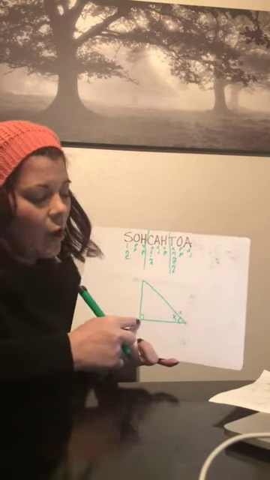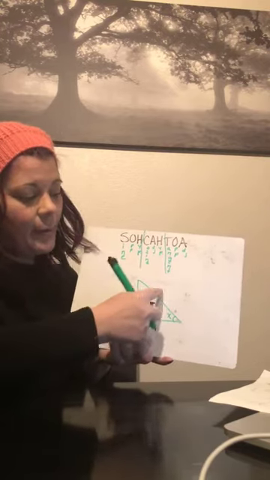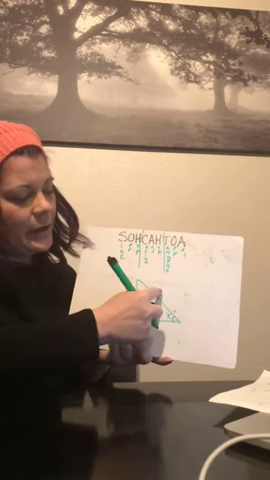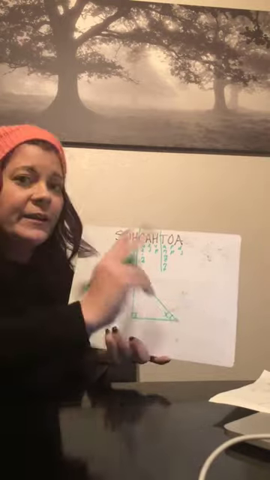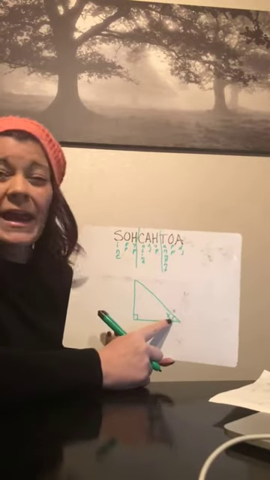The hypotenuse is always across from the right angle, so the hypotenuse never changes. Opposite and adjacent will change depending on what angle you're looking at.